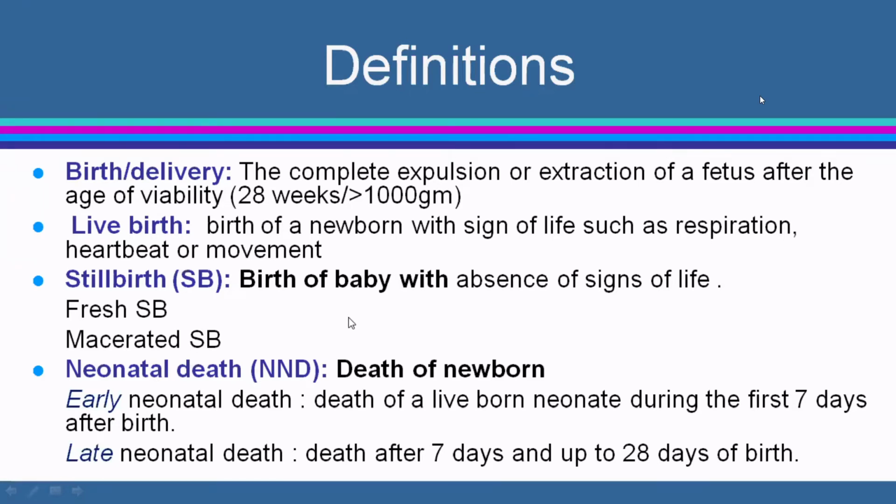So, what is the duration when we consider it neonatal death? Early neonatal death is when there is death of a live born neonate during the first 7 days after birth, or late neonatal death, when death occurs after 7 days and up to 28 days of birth. So, totally neonatal death means death up to the age of 28 days after birth.